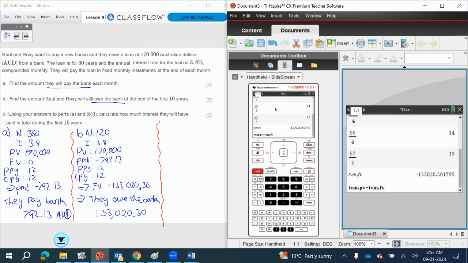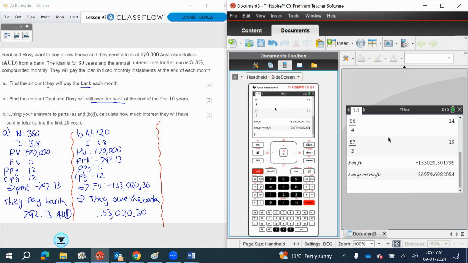Because the present value is positive and the future value is negative, if I add these two together, it should give me this. What is that number? It's not the amount they've paid, more than that. Is it the amount they still owe?